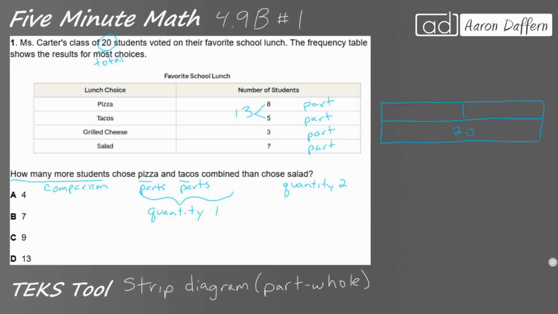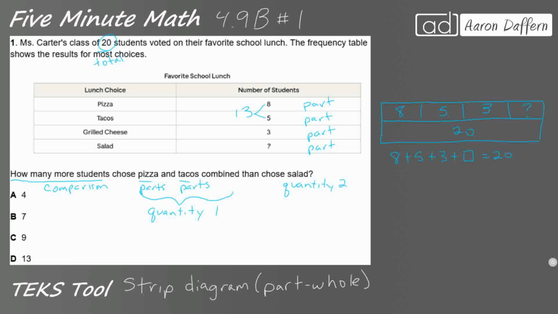So let's just make this 4 parts. So there's 8, 5, 3, and then my salad that's unknown. So I can write an equation that says 8 plus 5 plus 3 plus, I'll put a box for my unknown, that equals 20.